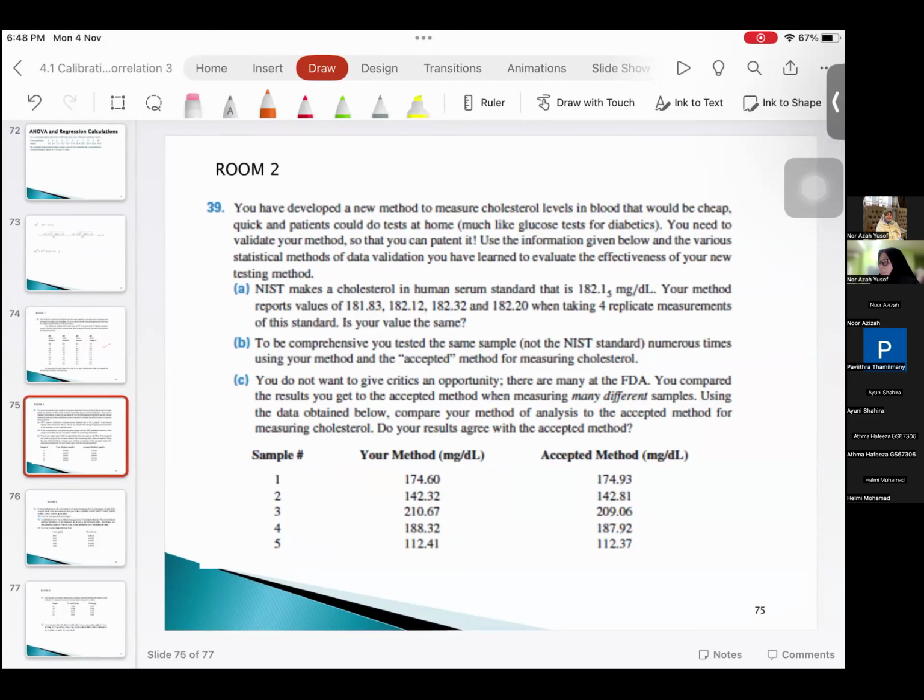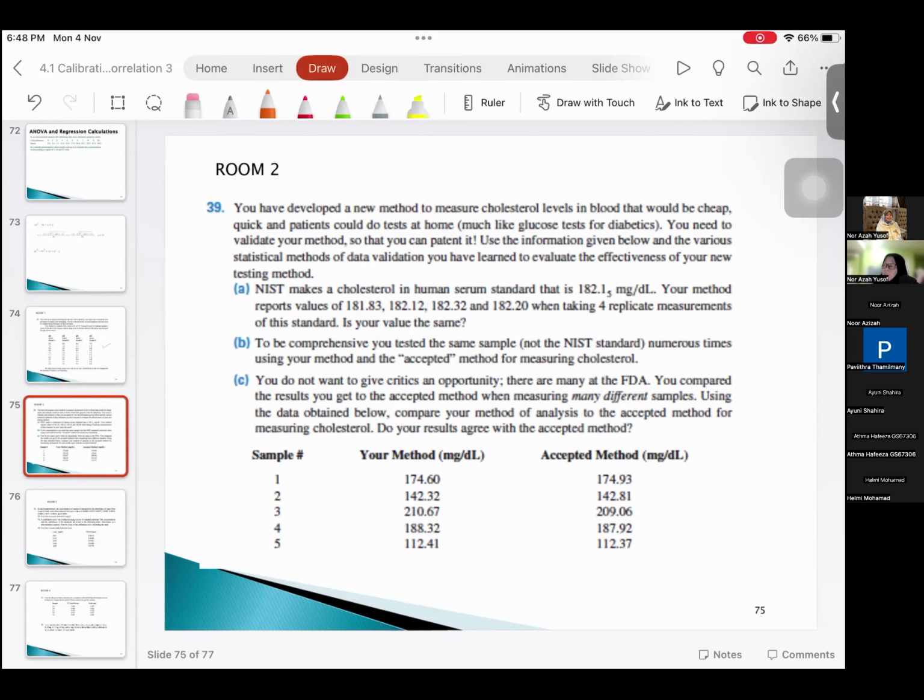If you look at room 2, you have developed a new method, and then you have standard material. You need to compare the new method to the accepted method using the data. Do your results agree with the accepted method?